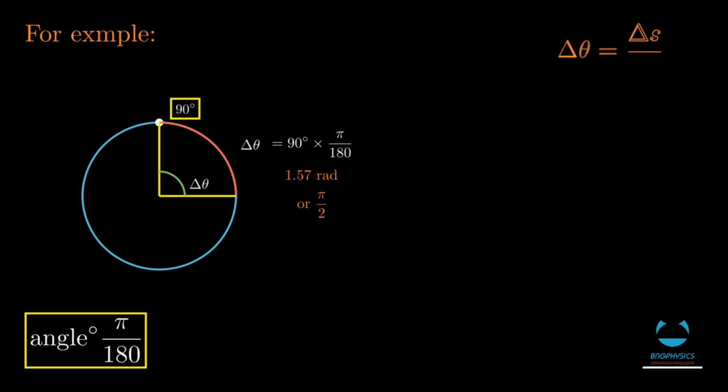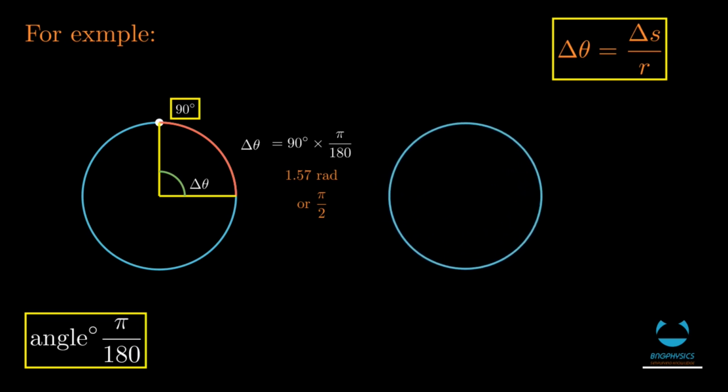But what if we have the length of the arc but we do not have the angle in degrees? Then we use the main formula. For example, let's say that this dot moves along the circumference of this circle and creates an arc which has a length of 20 meters, and the radius of the circle is equal to 7.64 meters.